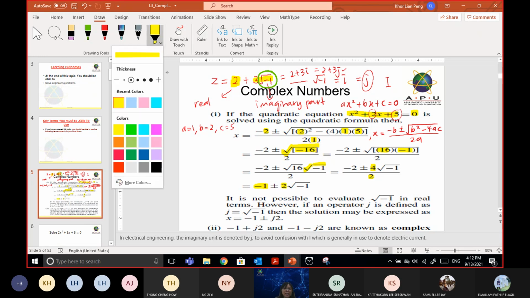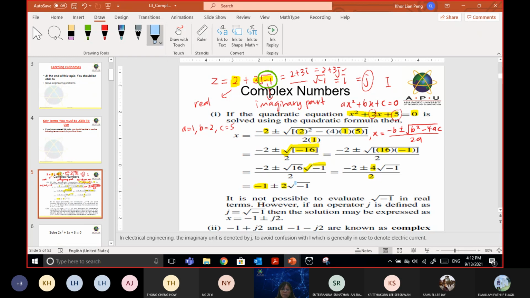Then we have another part that we can't do further. We have to remain it as a square root of minus 1. And this square root of minus 1, as I said, we can use j to represent it.